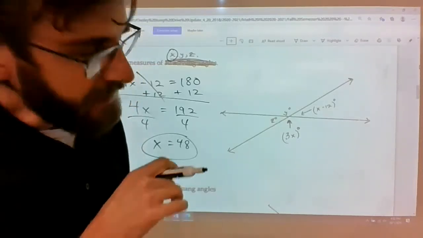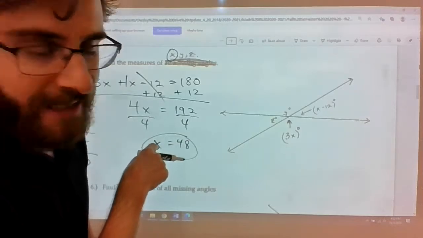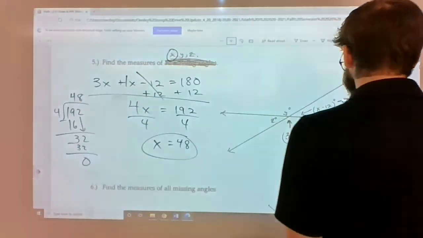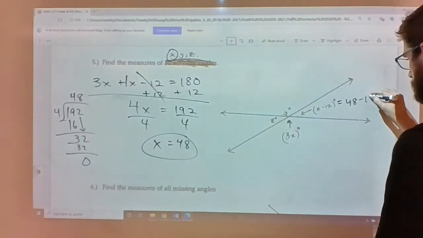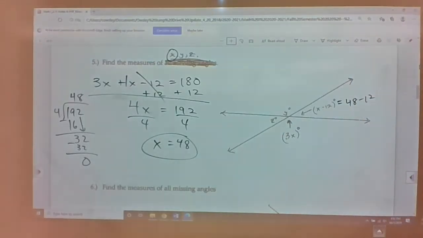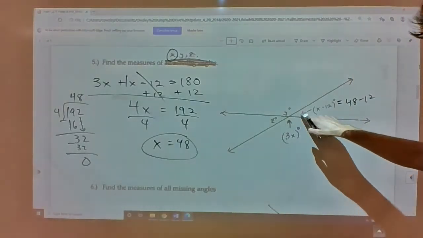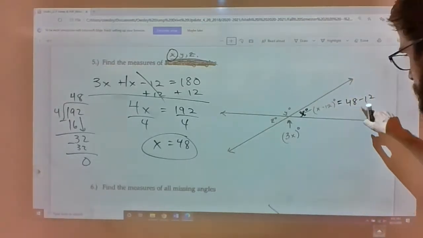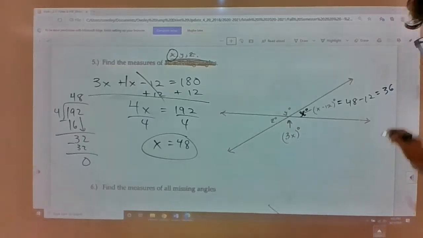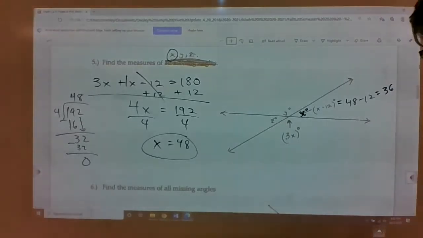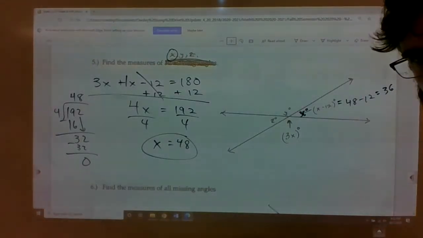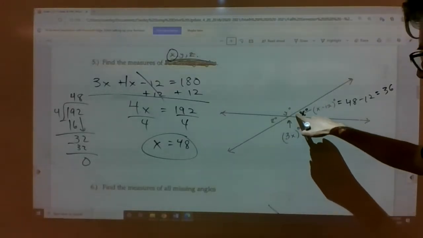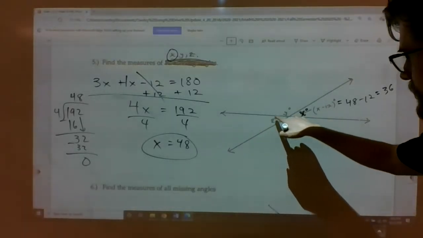At any rate, plug x equals 48 into x minus 12. This angle right here is 36 degrees, because 48 minus 12 is 36. So, 36 is across from z.